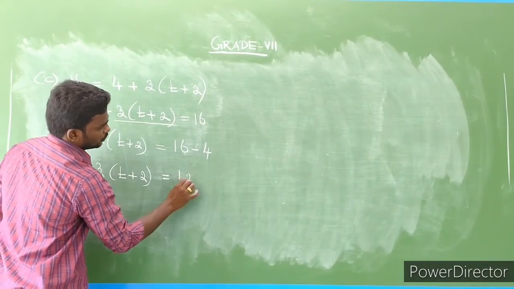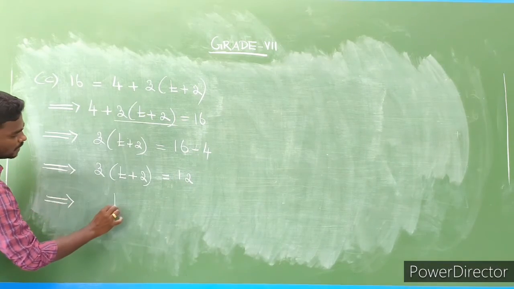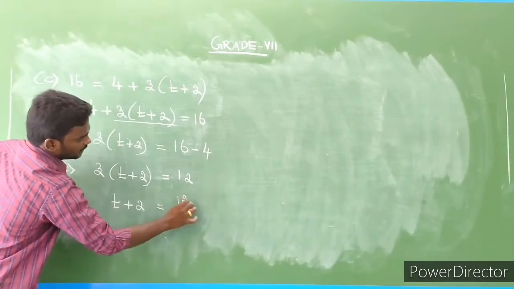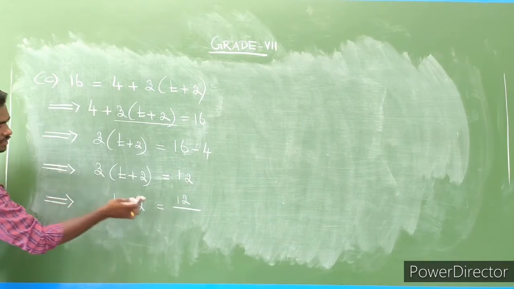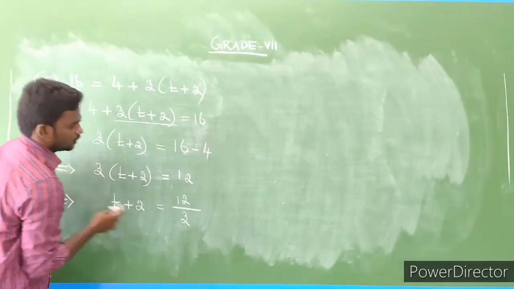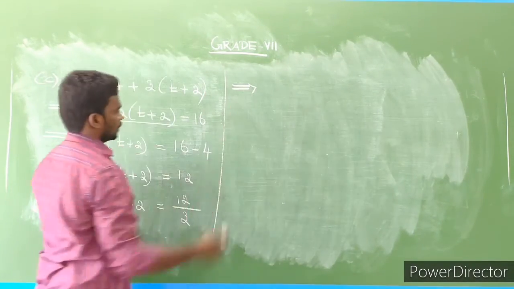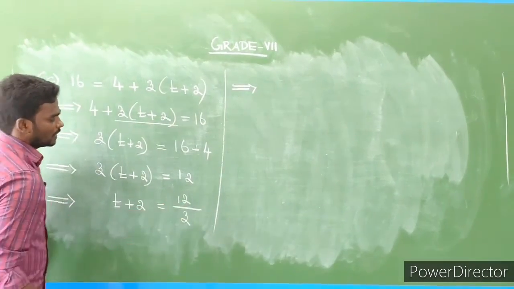That is 12. Implies that now we keep the value t plus 2 in left side, which is equal to 12 in right side. So this 3 is multiplication in left side, which is transposing to division to the right side. Implies that t plus 2 is equal to 12 divided by 3.